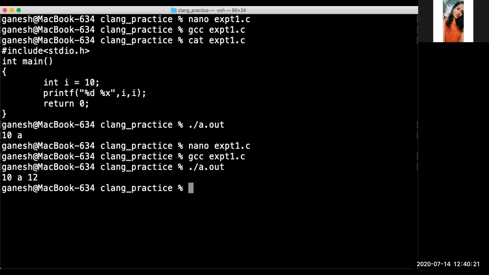Yes, shouldn't that be capital A? Actually, in hexadecimal, small a and capital A are both the same. But the compiler will give the output in terms of the small a. But you can give the input as a capital A also.